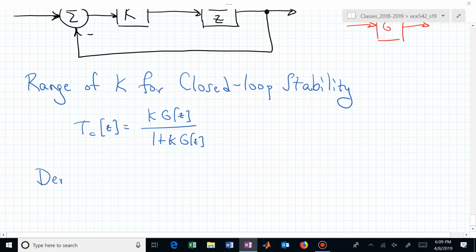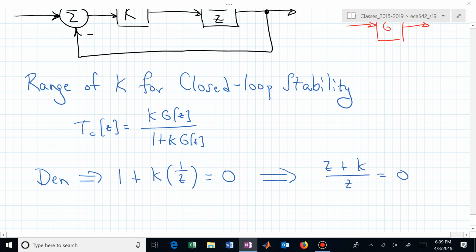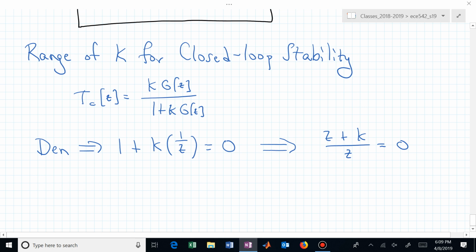The denominator now, we can look at 1 plus K, and what was G of z? That was just 1 over z, and we have that equal to 0. Or, this is now z plus K over z equaling 0. If we look at the numerator of the denominator, that's what's influencing stability.